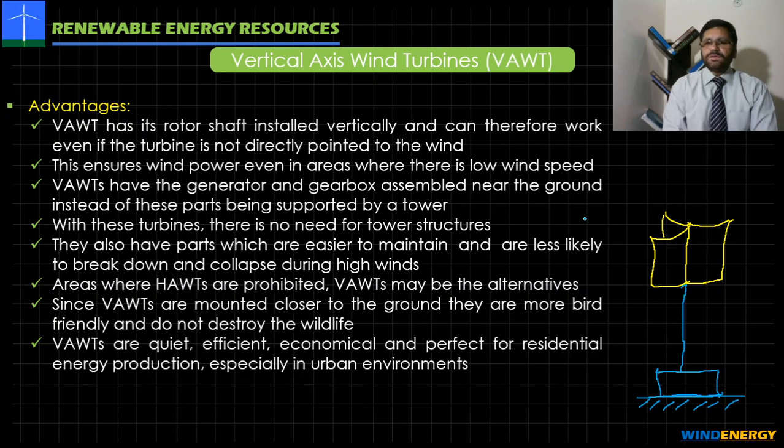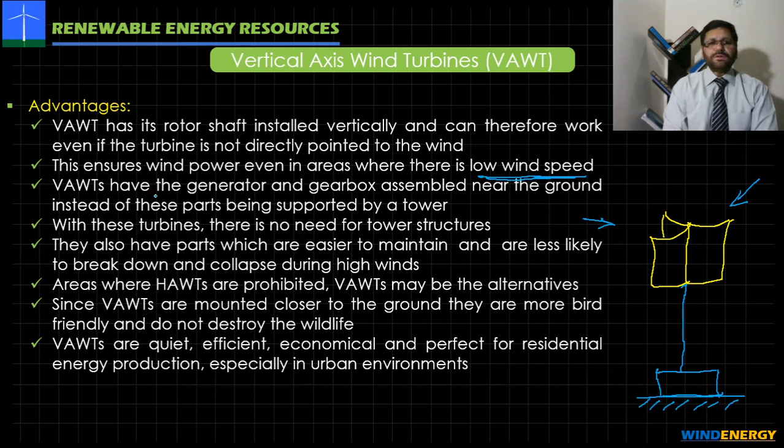Now, irrespective of the direction of the wind, this rotor is going to operate. So this is a big advantage of the vertical axis wind turbine. No direction keeping is required. It also ensures wind power even in areas where there is low wind speed. Actually, it operates in low wind speed. We will discuss later why this is used in low wind speeds.